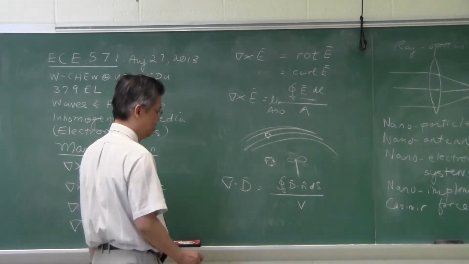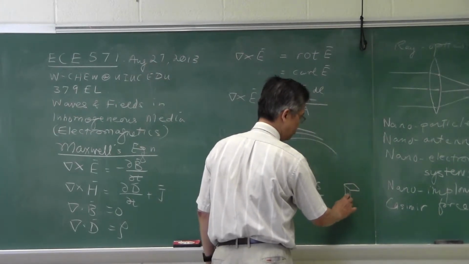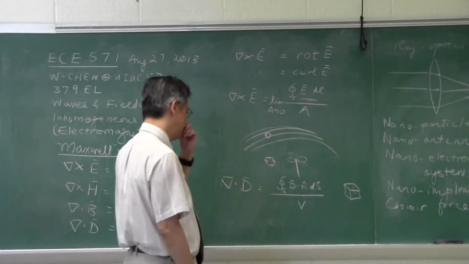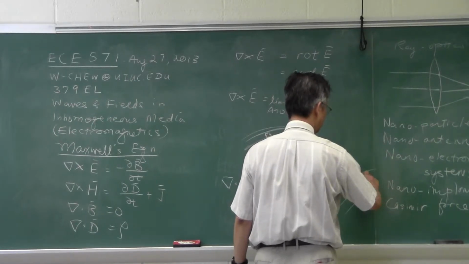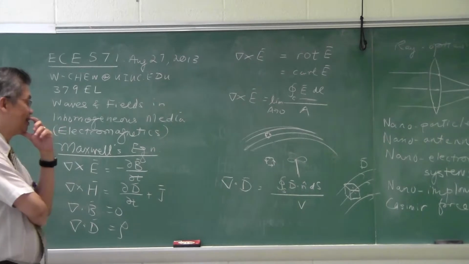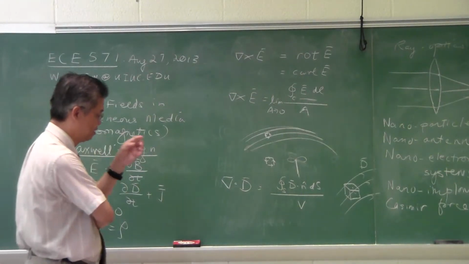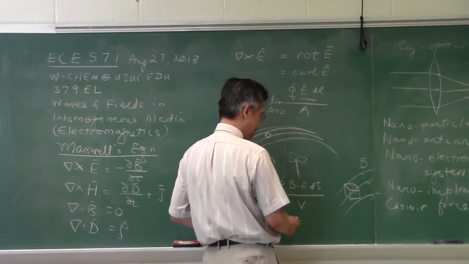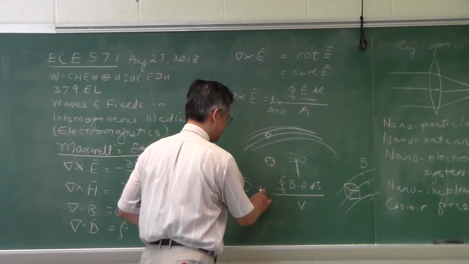If you take any small volume, the volume need not be cubic in shape, but take that electric flux D around this small volume and then perform a surface integration of the normal flux, normal component of D, and then normalize by the volume. That's the definition of what the divergence is.